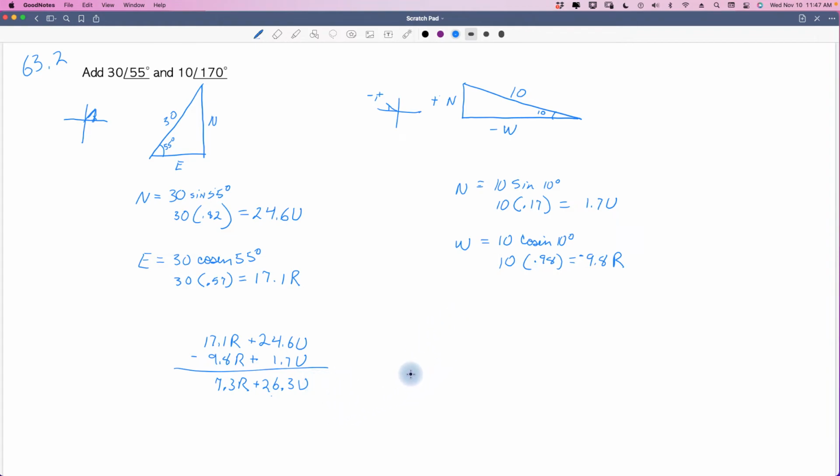So let's do that. Let's do our tangent form. So we have we can draw our triangle here. 7.3 to the right. All right, it's positive. And then we're going to have up 26.3, right? So it's probably more like this.